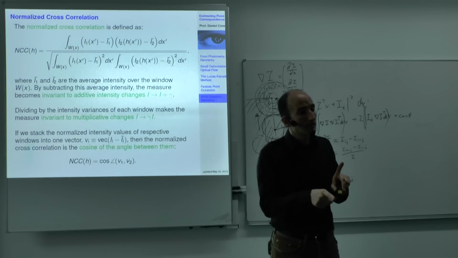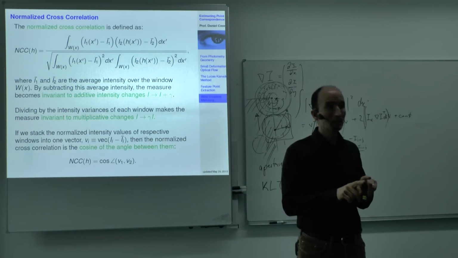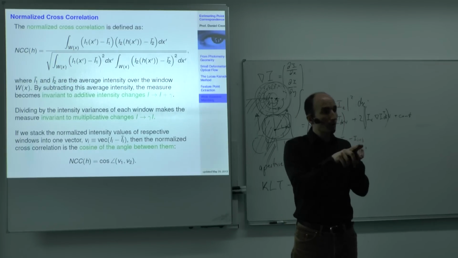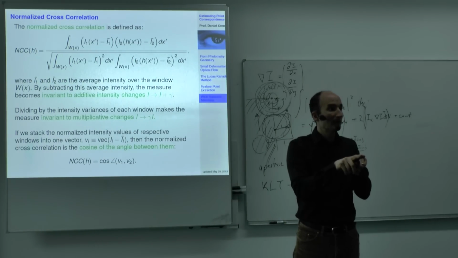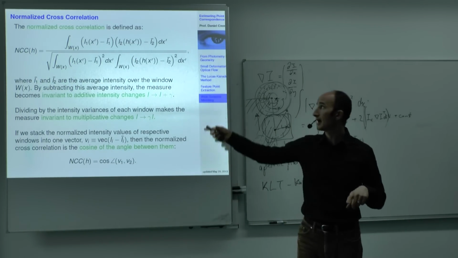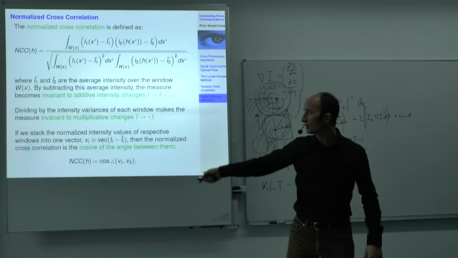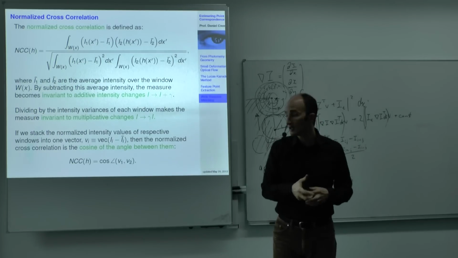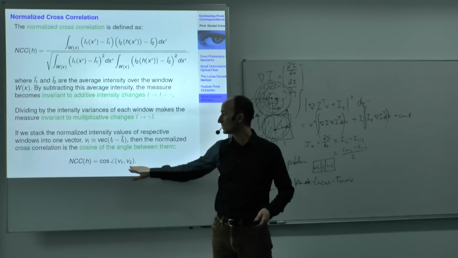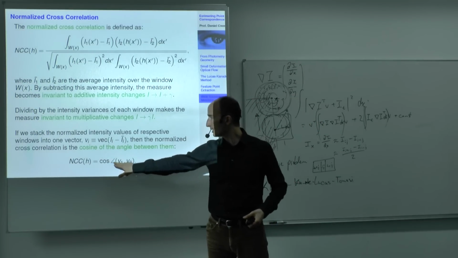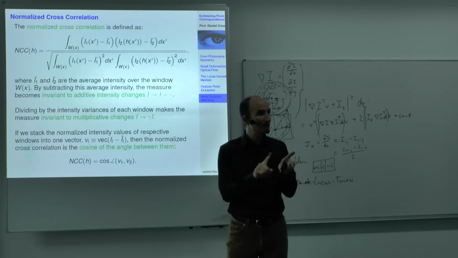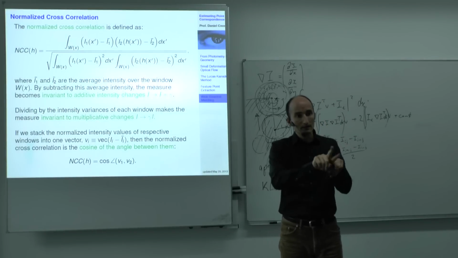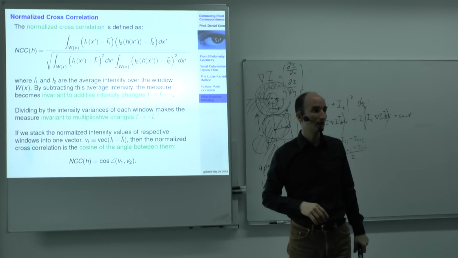The idea being, if the patches correspond, that value should be large. Then the two vectors should be pointing in the same direction, the scalar product should be maximal, and the angle between them should be 0, meaning the cosine should be 1. So this expression is clearly between -1 and 1. In practice, if the two vectors are identical, if the patches are the same, I get a 1, and if they're very different, it goes smaller.